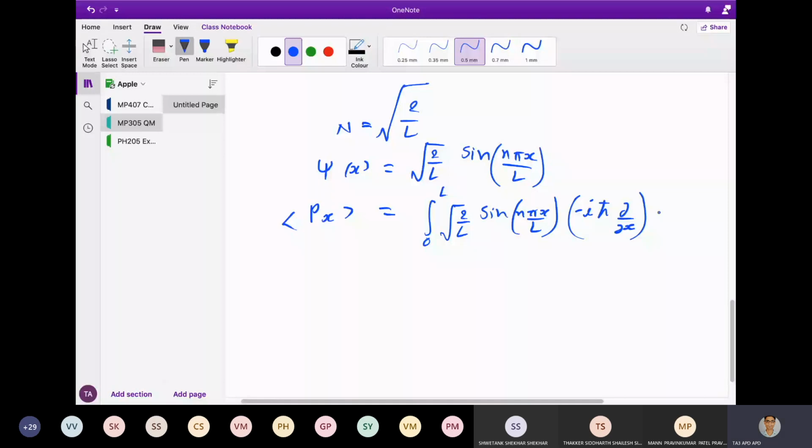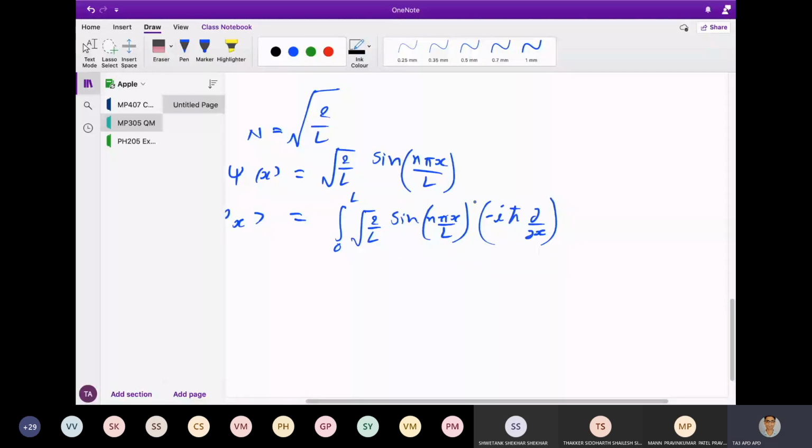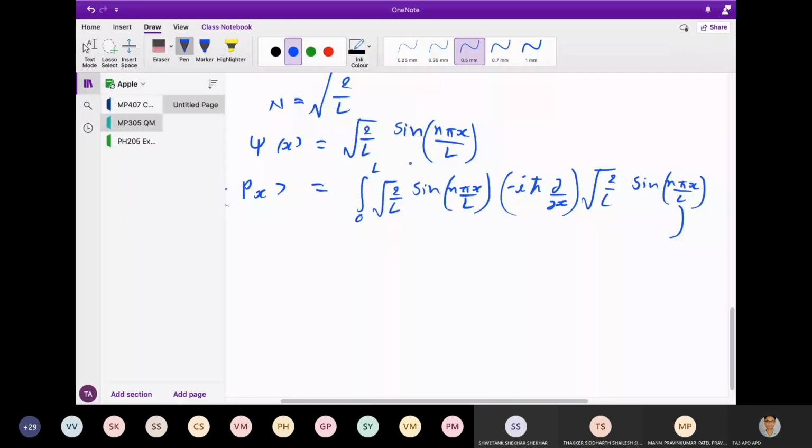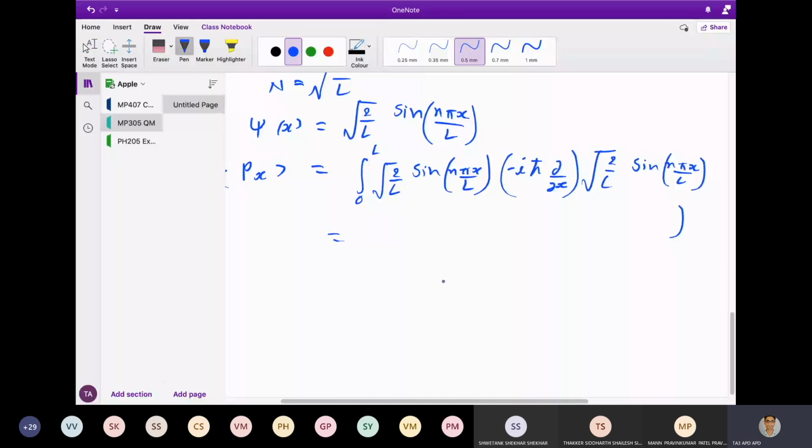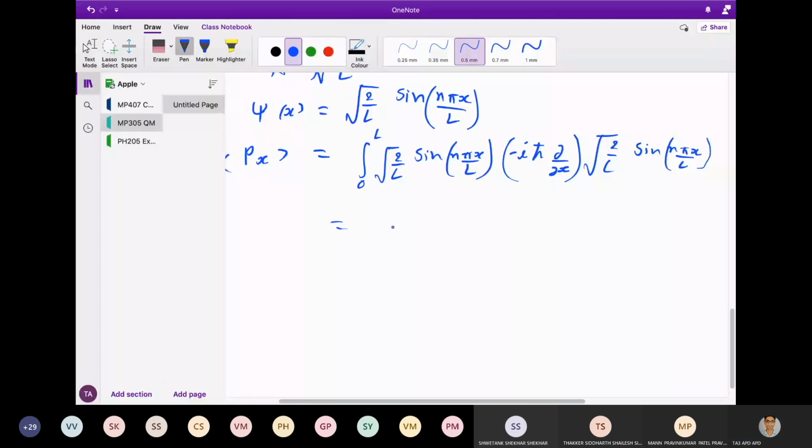So it will be the same. ये पूरा का पूरा यहाँ पे same होगा. So 2 by L into sin n pi x by L. So this is going to be equal to 2 by L, constant outside, 0 to L. This is going to be sin square n pi x by L dx.